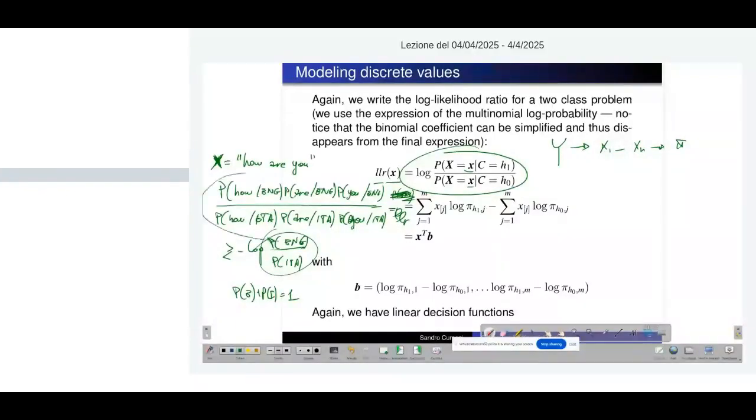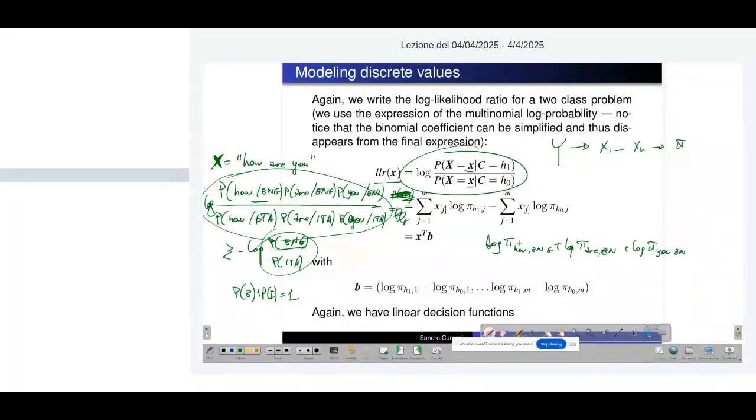Now, if I have to write this in terms of the log densities, what do I have? The first will be log of pi how English plus log of pi are English plus log of pi you English.